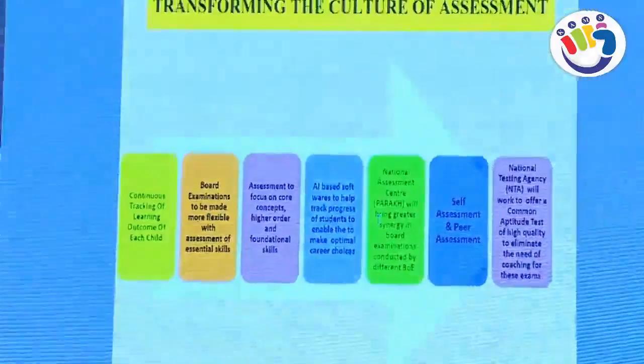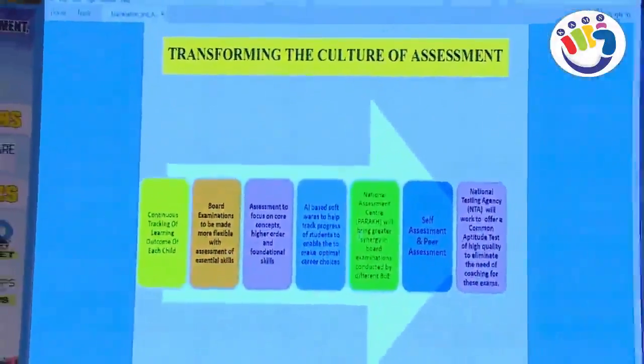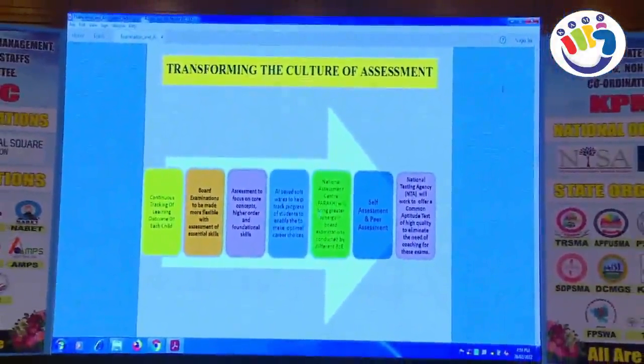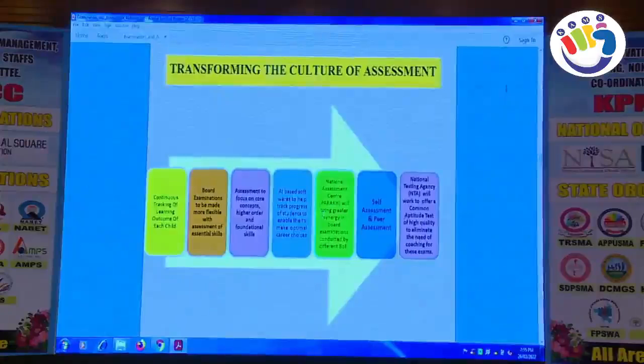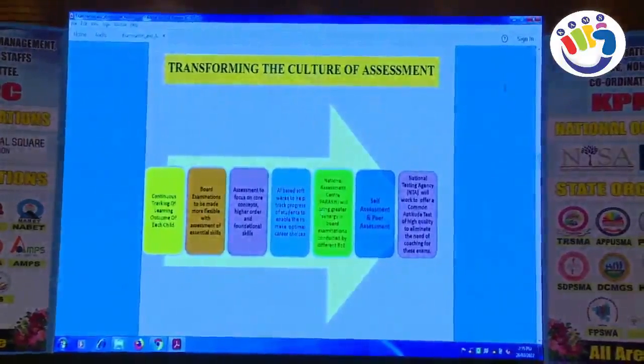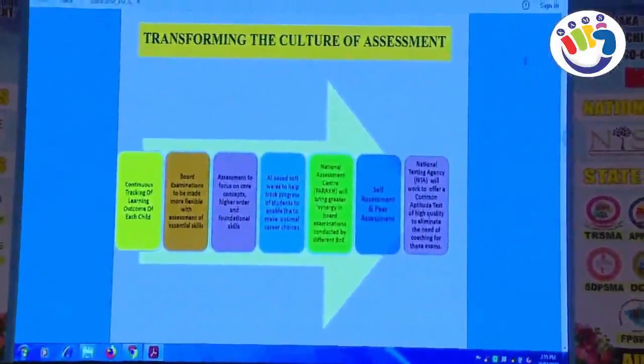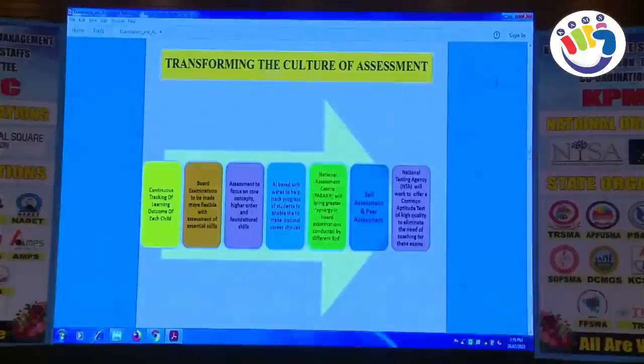Transforming the culture of assessment. Continuous tracking of the learning outcome of each child. That is the most important part, how we track the learning outcomes of the students. Board examinations to be more flexible, with assessment of essential skills; assessment to focus on core concepts, higher order and foundation skills; AI-based software to help track progress of students and enable them to make optimum career choices; a national assessment centre, that is PARAKH.